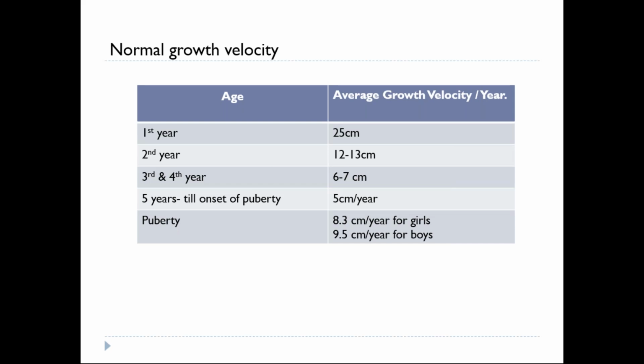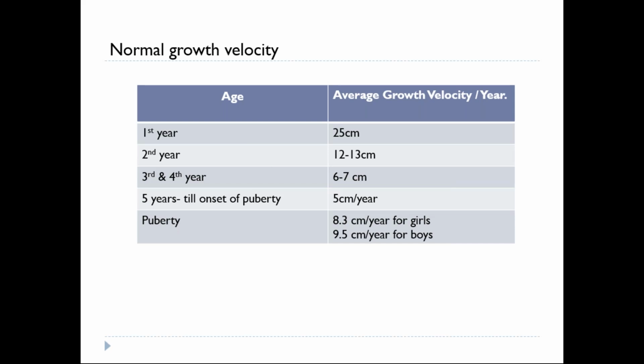One is crossing growth curves, which I'll show you. Another is an abnormal growth velocity. We must know that growth velocity is the velocity with which growth occurs per year. As we can see from this chart, it is different at various age groups.